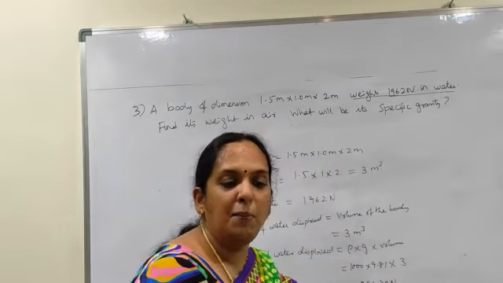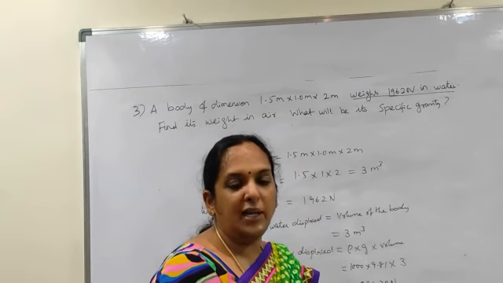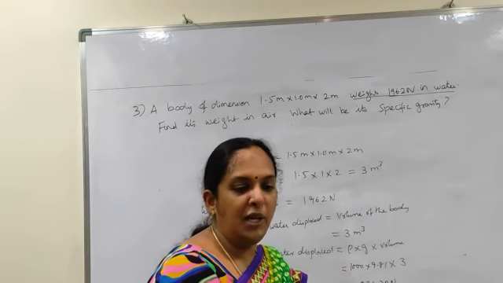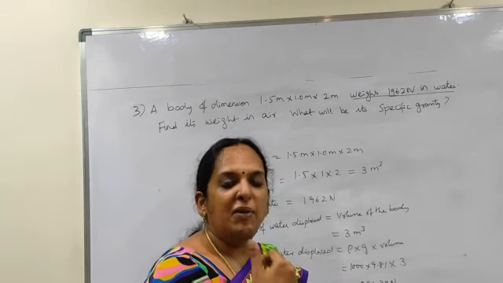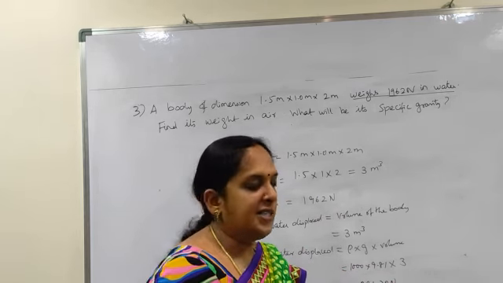But for the equilibrium condition of the body, the weight of the body in the water will be equal to the weight of the body in the air minus the weight of the water that is displaced.